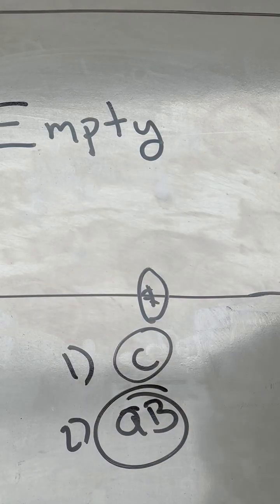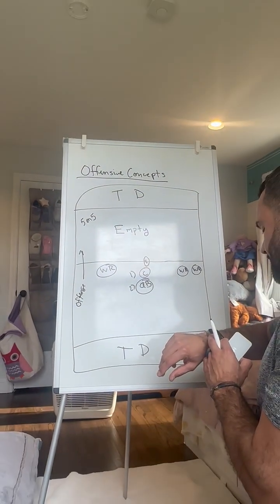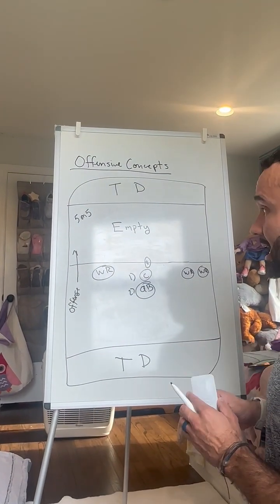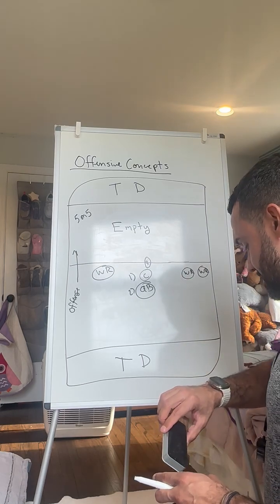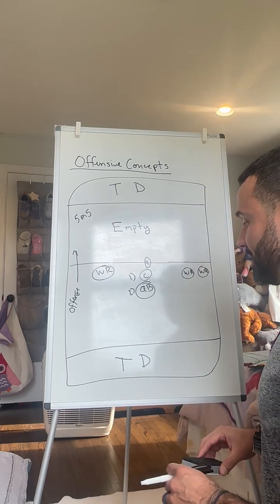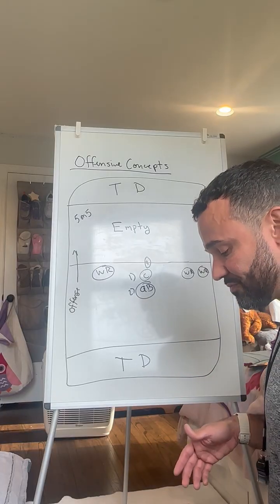Those are the only 2 formations we're going to use this year, empty and single back. Now that we have an idea of those formations, we're going to talk about running concepts.